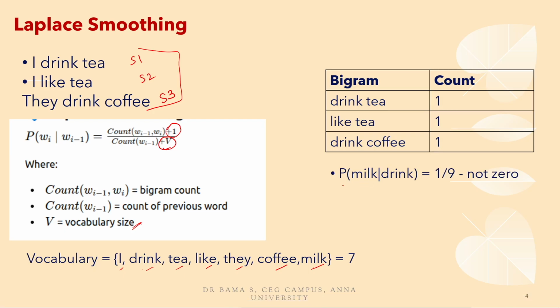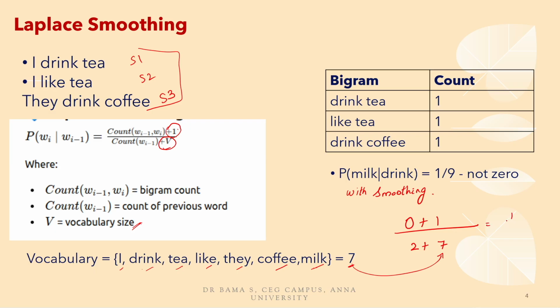Now consider the probability of milk given drink with the smoothing technique. Earlier it was 0, now it is 0 plus 1 divided by the count of Wi minus 1, which is 2, plus 7. 2 is the number of times drink occurs, plus the vocabulary size, which is 7.